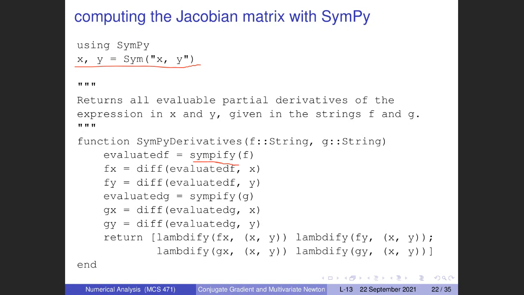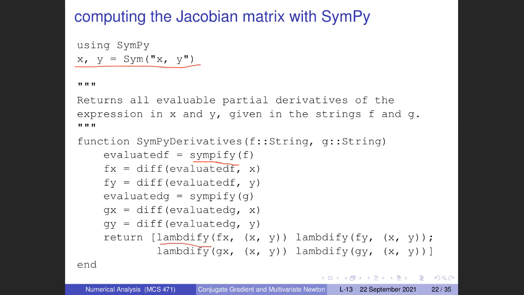The Sympify works within the global context where the x and the y are variables that occur in the strings. Once they are Sympy expressions, we can evaluate and, more importantly, differentiate them symbolically. And we lambdify.